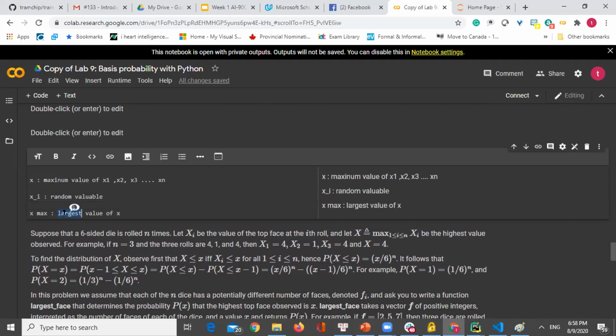X max is the largest value of X. Please come back to X, at the beginning of your definition. Yes, X colon random variable.